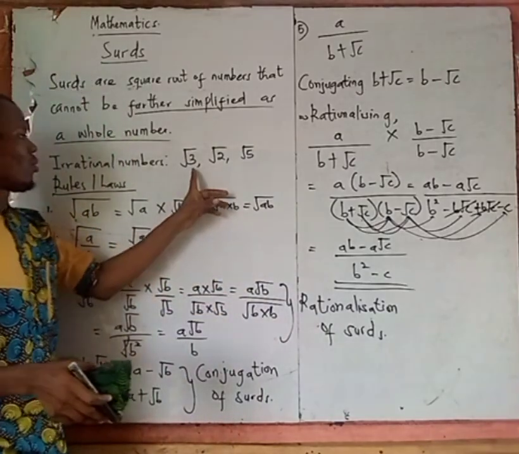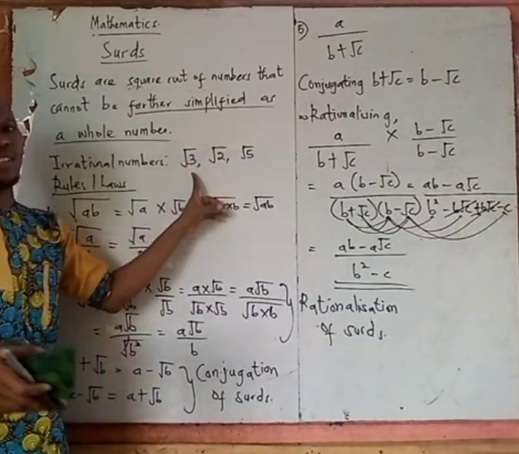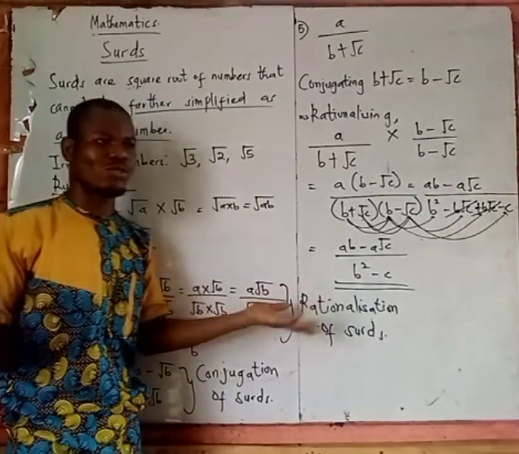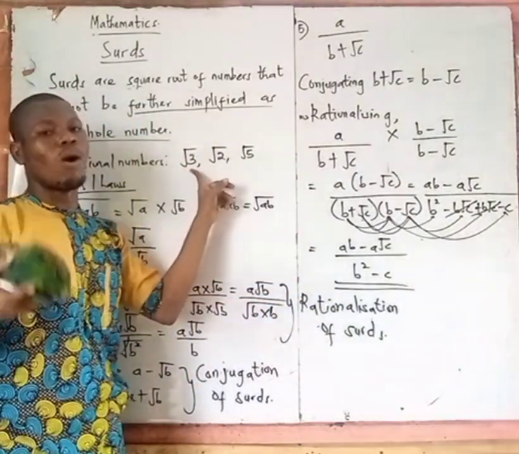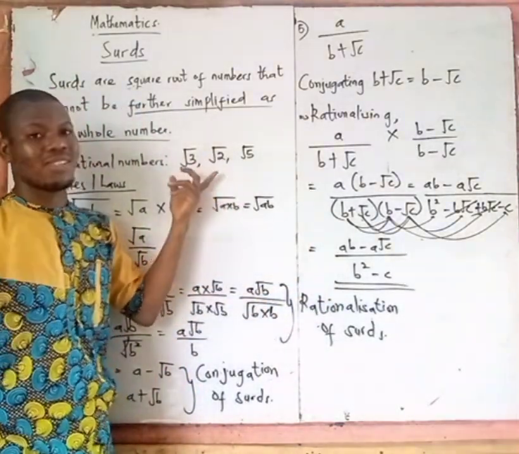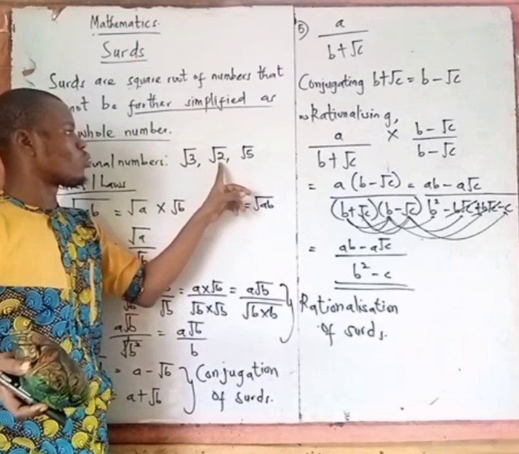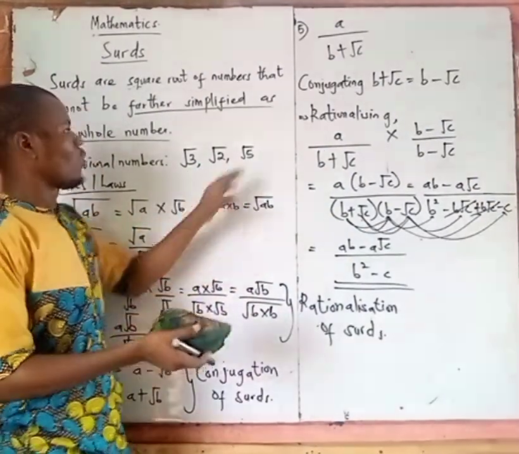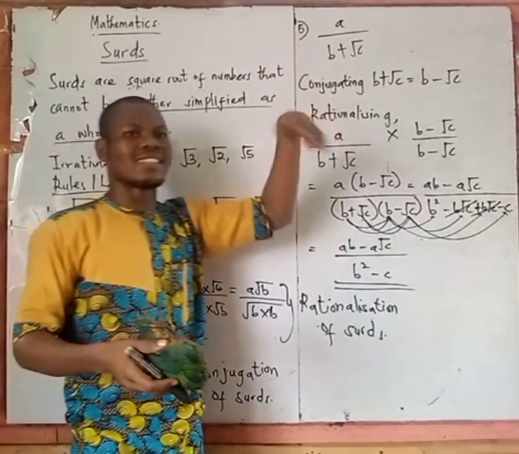For example, root 3 cannot be expressed as a fraction. So root 3 will give us 1 point something, 1.7 something. Root 2 will give us 1.414. Root 5 will give us something in decimal.